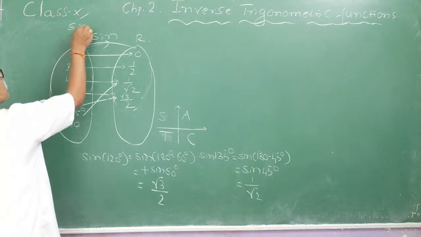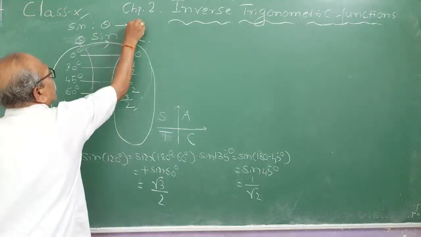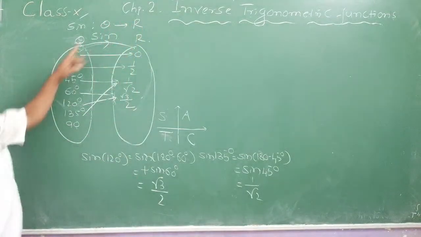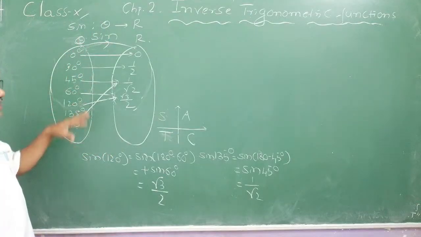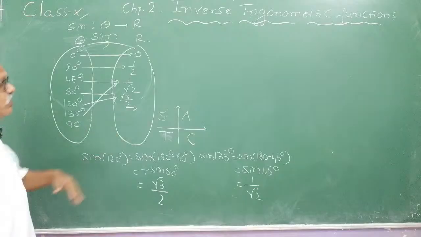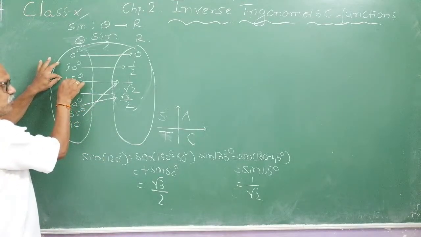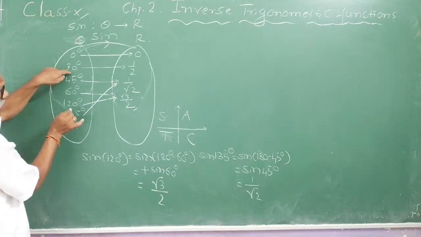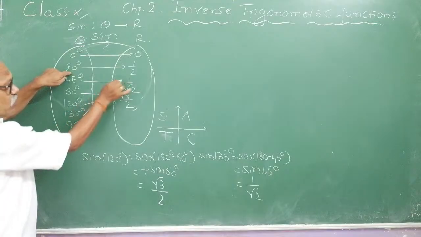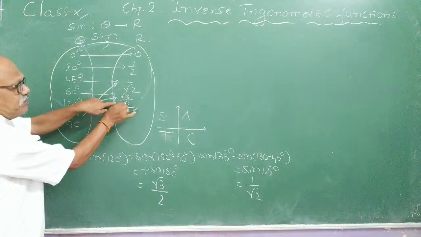Sine is a function from any real angle theta to a real number. It is a function, no doubt. Is it 1, 1 onto? No, it is not 1, 1 because for 1, 1 different elements of the domain should have different images. Observe, this 45 degree and 135 degree have got same image. 60 degree and 120 degree have got same image.